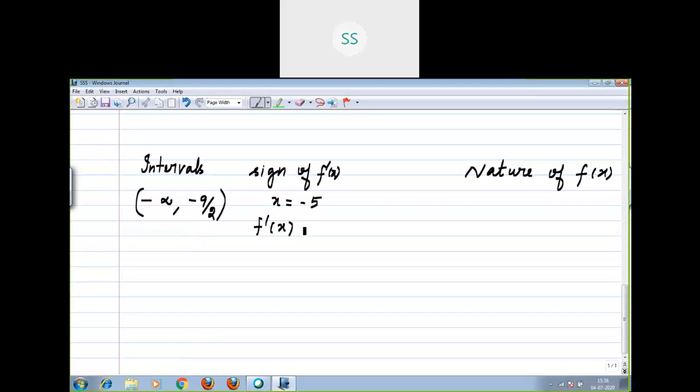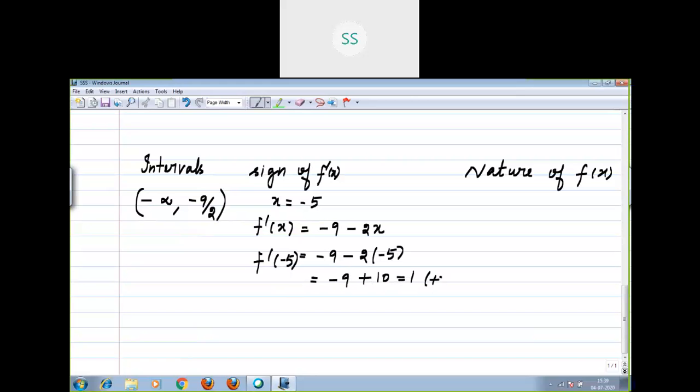We got it already: minus 9 minus 2x. That is f dash of minus 5. x should be replaced by minus 5: minus 9 minus 2 into minus 5, which is equal to minus 9 plus 10 equal to 1.